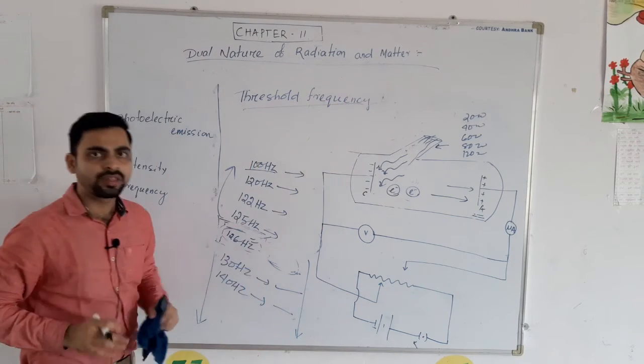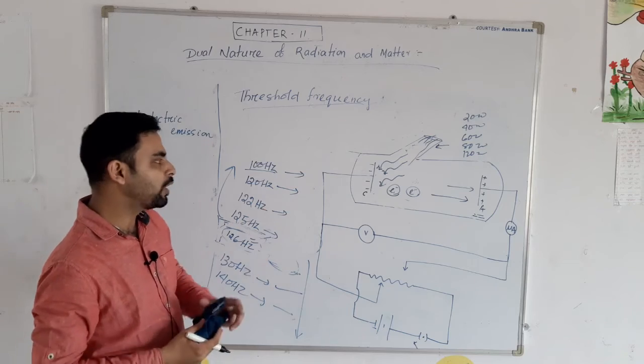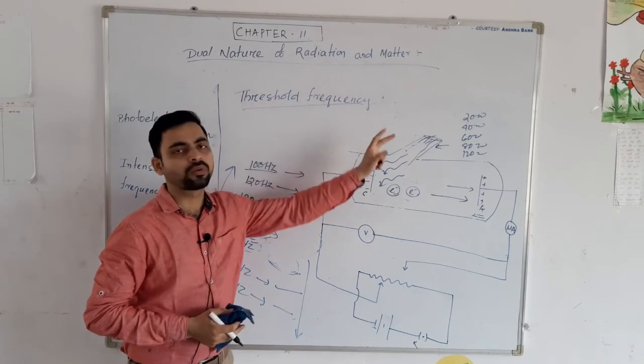Threshold frequency means it is the minimum frequency below which no emission of electrons is possible.